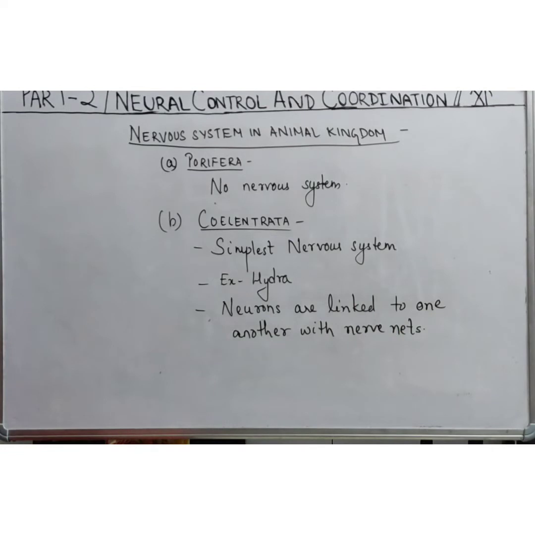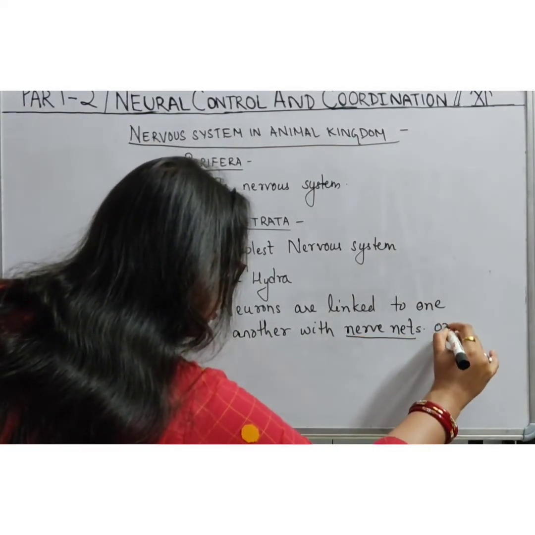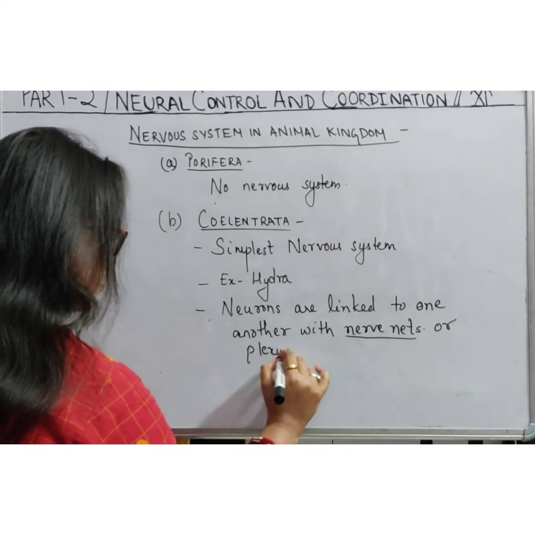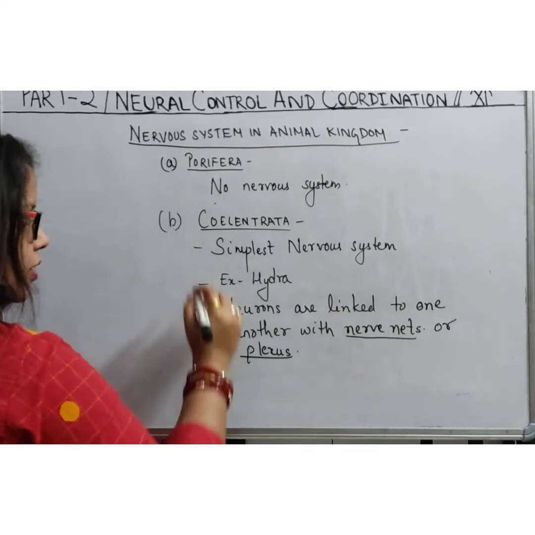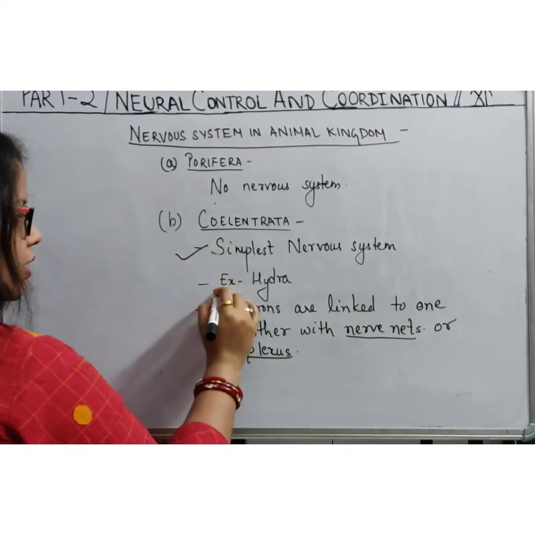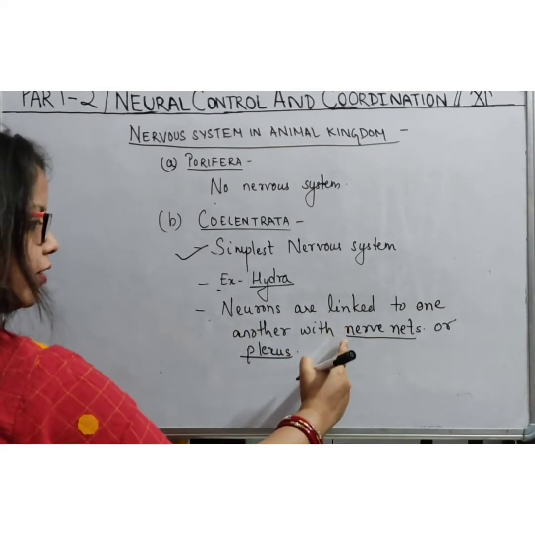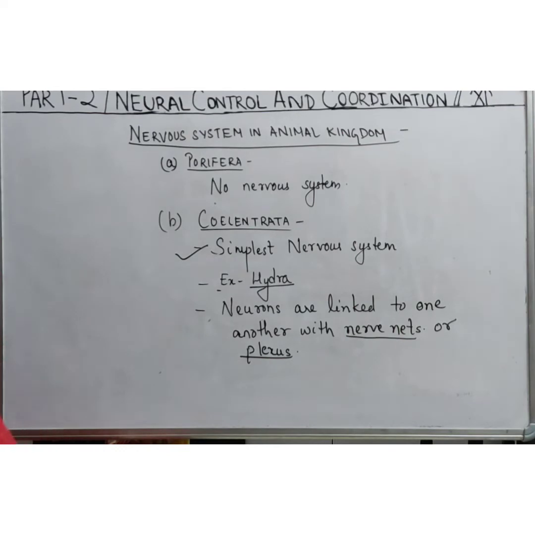These nerve nets are also known as plexus. The important things to remember in Coelenterata are: simplest nervous system, the example is Hydra, and the neurons are linked with one another by nerve nets or plexus.